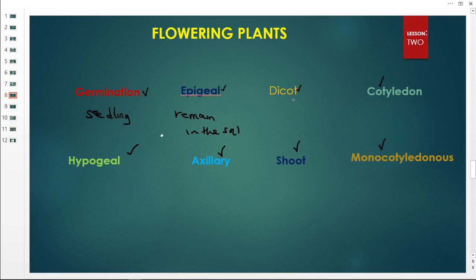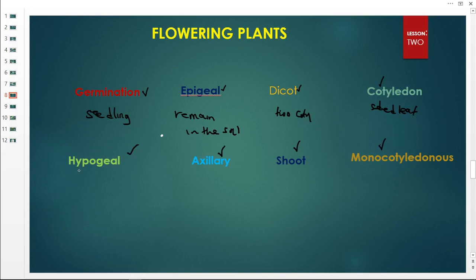Then dicot is an abbreviation of dicotyledonous seeds or dicotyledonous plants, so plants whose seeds have 2 cotyledons. Then cotyledon means a seed leaf where dicotyledonous plants store their food.